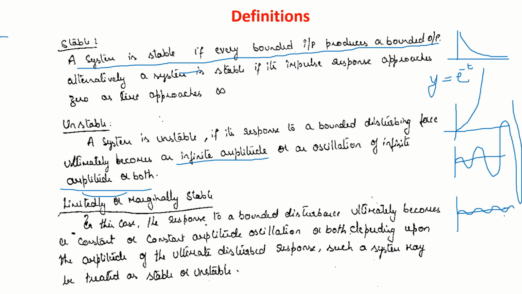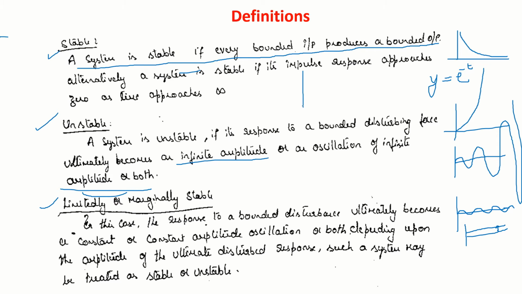So depending on the amplitude, you can say it's a marginally stable system or an unstable system. You can decide depending on your requirement. Or between the output and input, there will be a constant value. This we call limitedly or marginally stable. So: stable, unstable, limitedly or marginally stable.